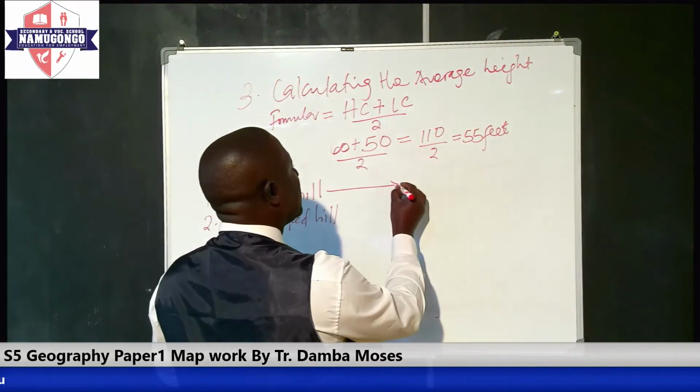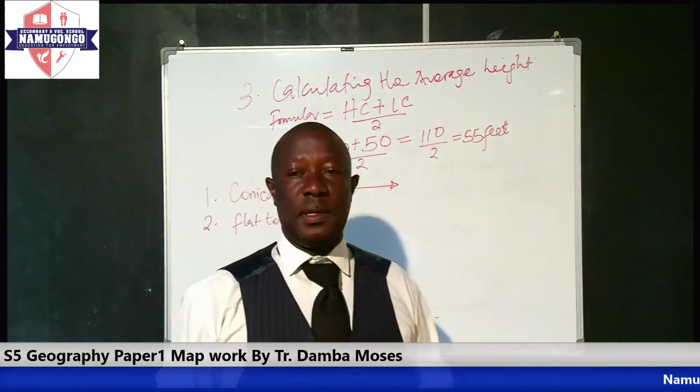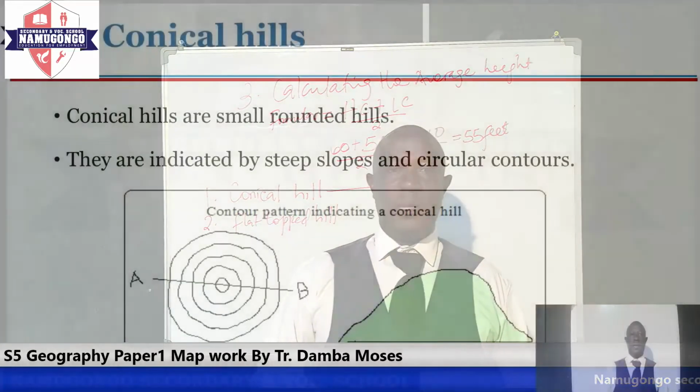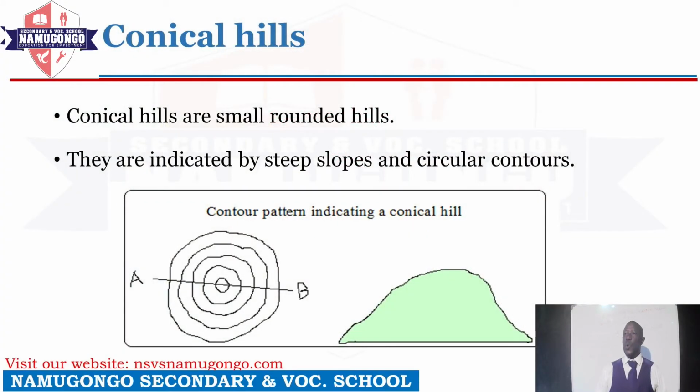On a map extract, conical hills are indicated by compacted contours. If an area on the map has compacted contours, then we are going to assume that area. We are not going to assume, we are going to take it that area has a conical hill.